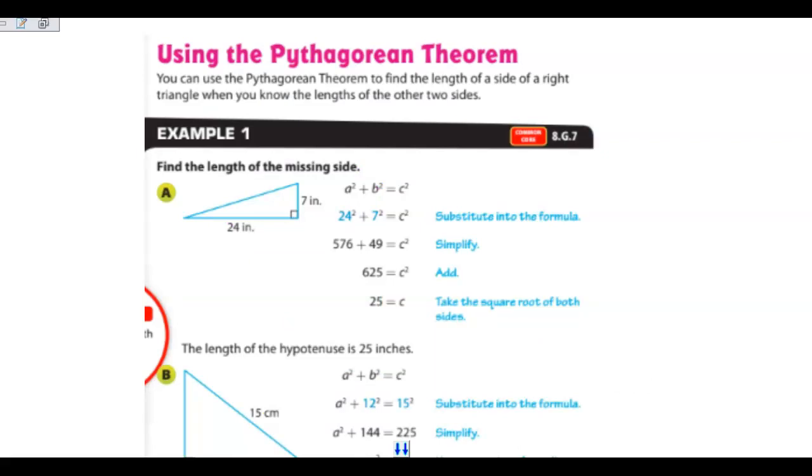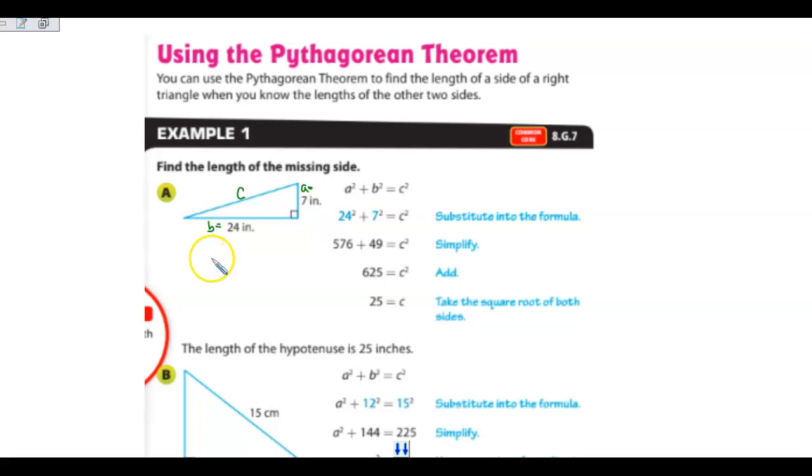We can use the Pythagorean theorem to find the length of a side when you only know the lengths of the other 2 sides. So in our first example, we said find the length of the missing side. And so we have a right triangle with a hypotenuse. That's our unknown, isn't it? We have our short side, which we typically label as A, and then we have our long side, which we typically label B. I think they flipped it, but it doesn't matter, it works the same.